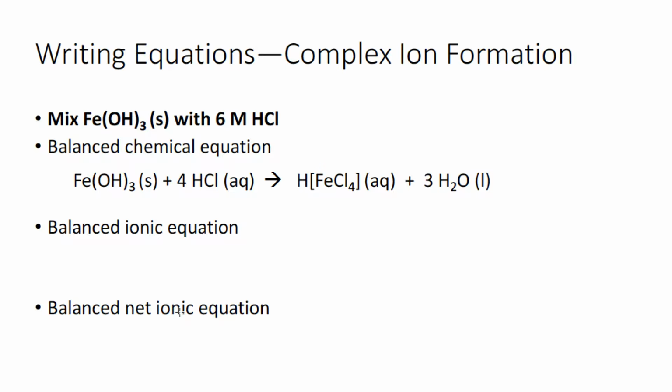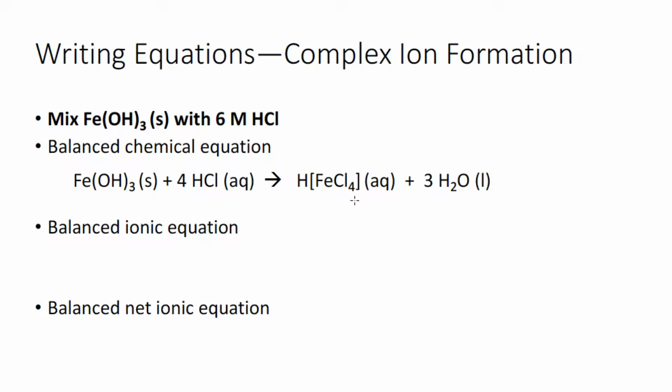This is an example of mixing iron(III) hydroxide, which is a red solid, with 6 molar hydrochloric acid. I've written the balanced chemical equation here. You can see we've got our solid Fe(OH)3, we've got our HCl, and we have this complex ion, in brackets, and it has a -1 charge.